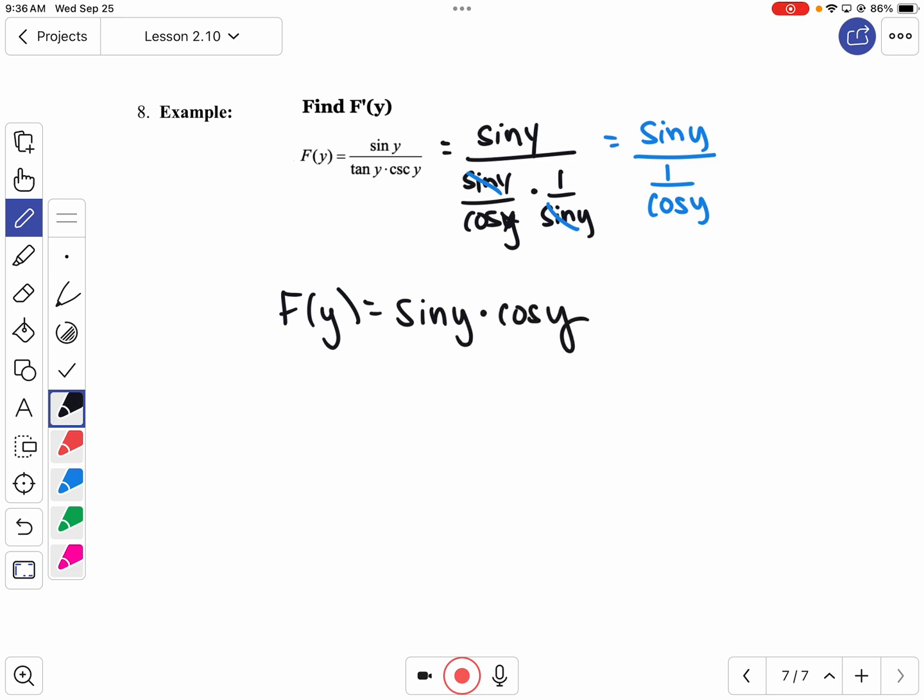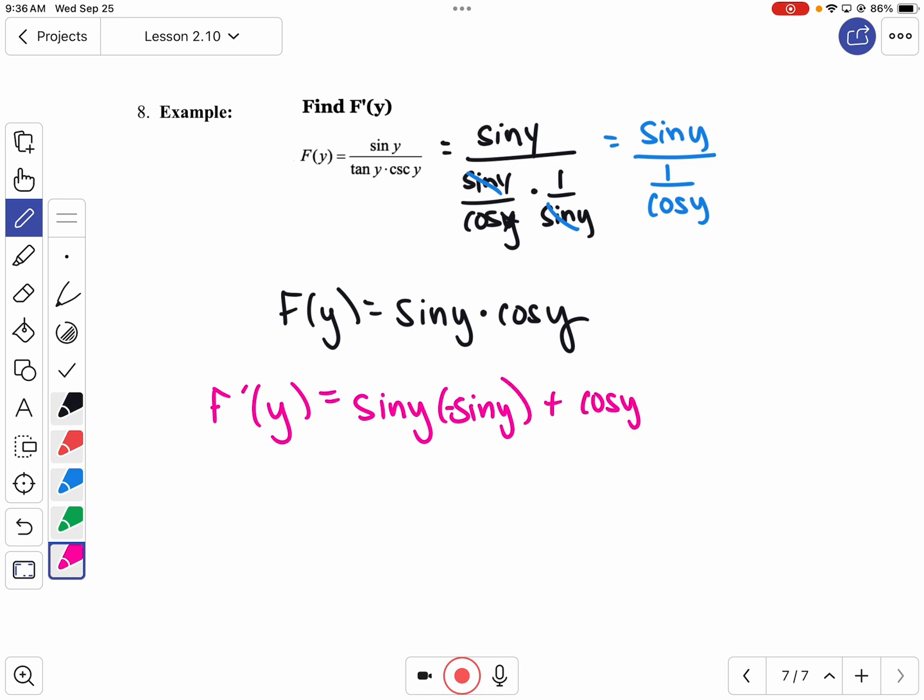And so I can do this one with the product rule. Product rule is simpler than the quotient rule. So first times derivative of the second plus second times derivative of the first.